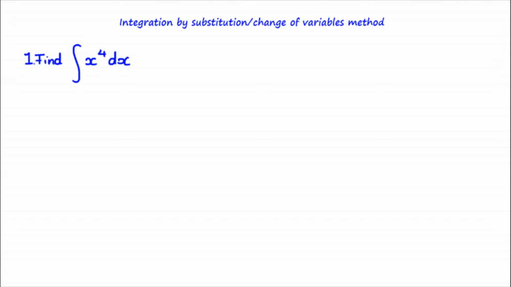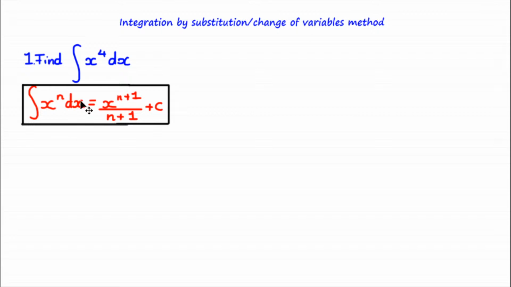Using the formula, we add 1 to the power and divide by the new power, plus the constant of integration. We get x to the power of 5 over 5 plus the constant of integration. Well done to Din, who got the answer, although he forgot his over 5, but I think it's probably a typo.